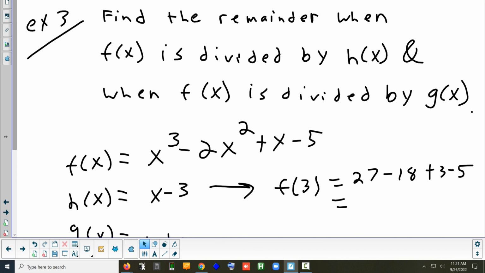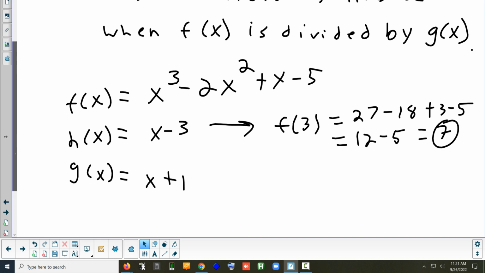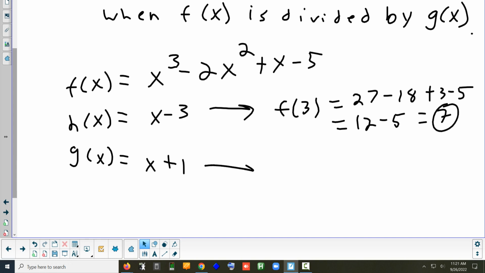What's 27 minus 18? 9 plus 3. And what's 12 minus 5? 7. So what does that tell you about h of x? It's not a factor. If you're trying to factor f of x, h of x is not the way to do it. Let's look at g of x.